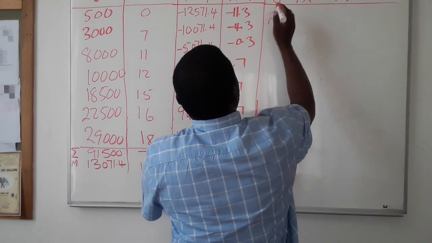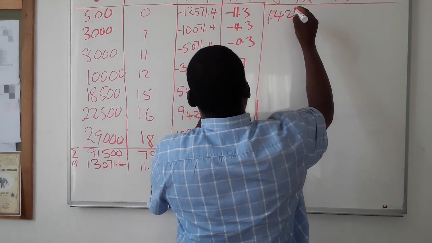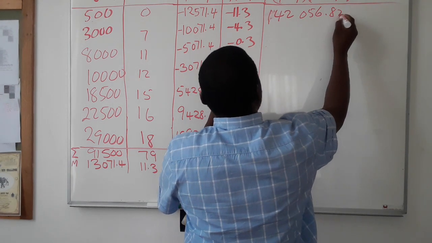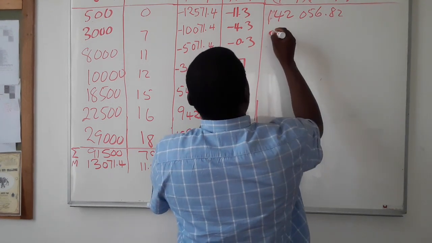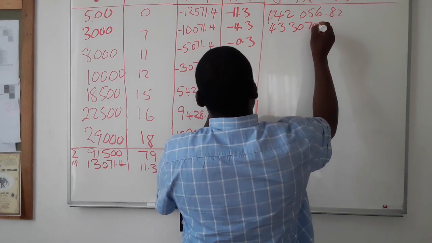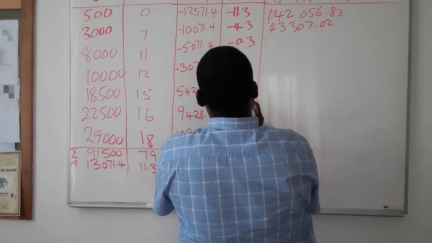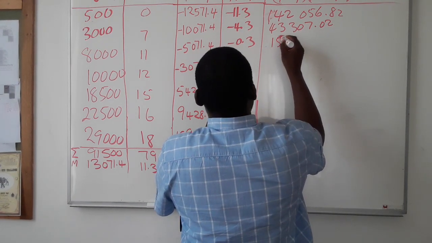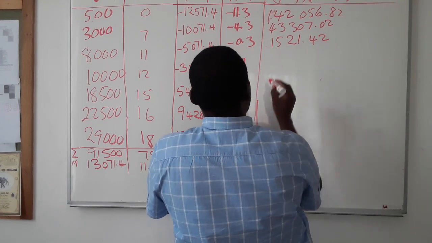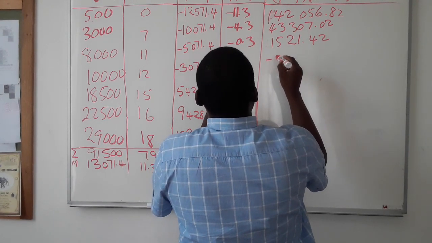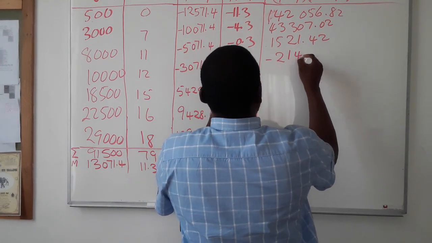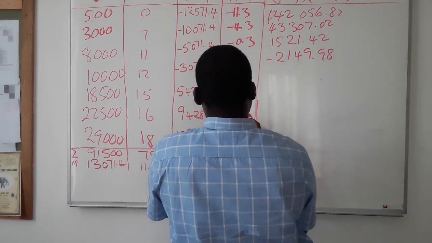It's either the 1,02,056.82, 43,307.02. Then you have got 1,521.42. Then you have minus, because one is positive, one is negative, 2,149.98.